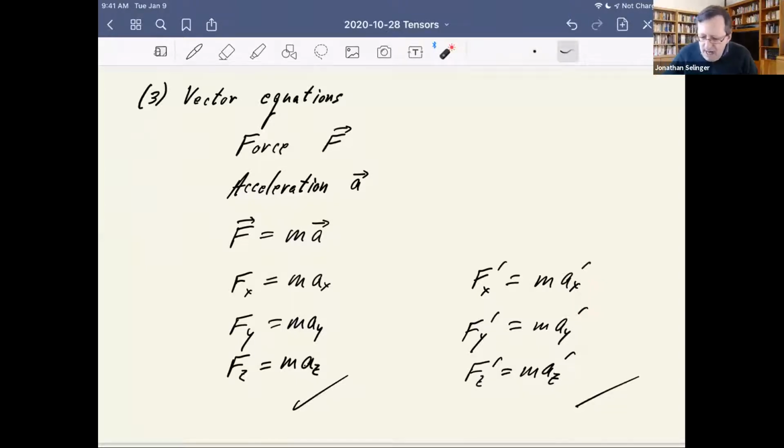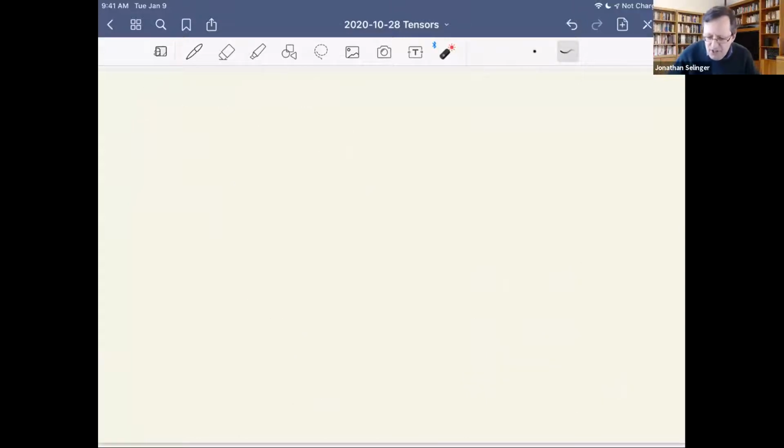Now let's get to another example. Suppose they want to measure something about dielectric properties.